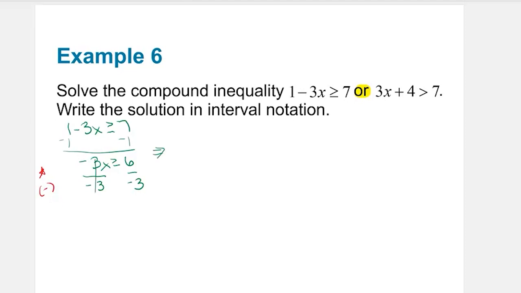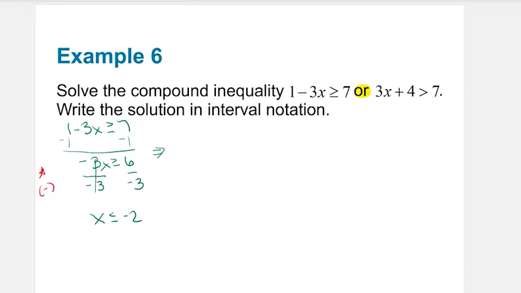I have x, and now because I divide by a negative, I'm flipping my inequality, and I have 6 divided by -3, which is -2. So that's the solution. Actually, I'm going to write it down here. So x is less than or equal to -2. I just want to give myself some space here. Okay. So that's my first solution.